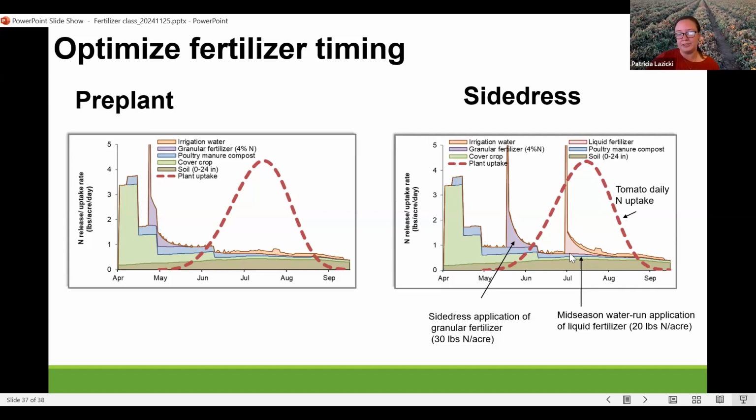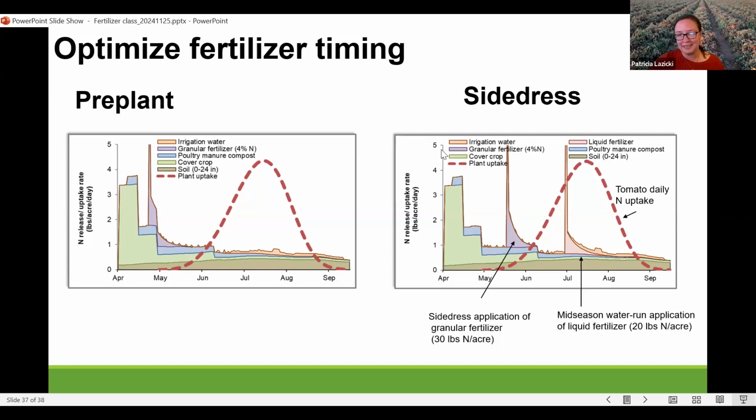And again, this is showing we modeled a mid-season water run application of a liquid fertilizer, and that can be done when it's in this period of rapid uptake. And if you remember from your exercise, this is something that I think is kind of interesting. This 20 pounds of nitrogen per acre that's being applied, we estimated only 5.6 pounds of nitrogen being released with this application.